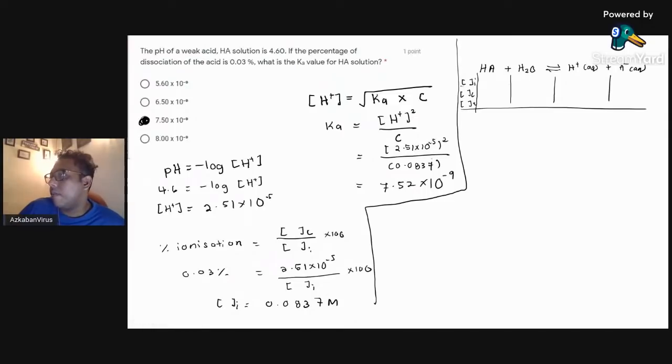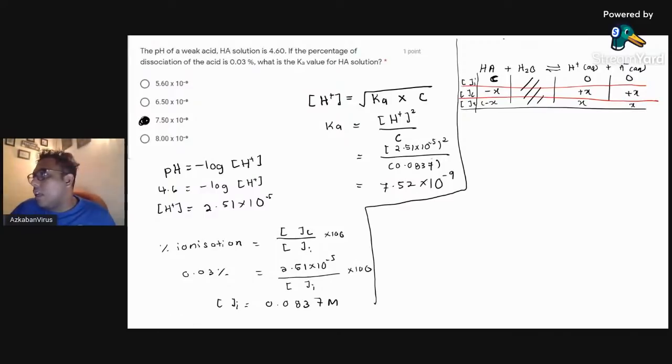Initial kita tak tahu. Kita letak dia sebagai C. Ini kosong, ini kosong. Ini kurang X, tambah X, tambah X. So, ini adalah C tolak X. Ini adalah X, ini adalah X. Sampai sini, ice table ni, boleh faham?